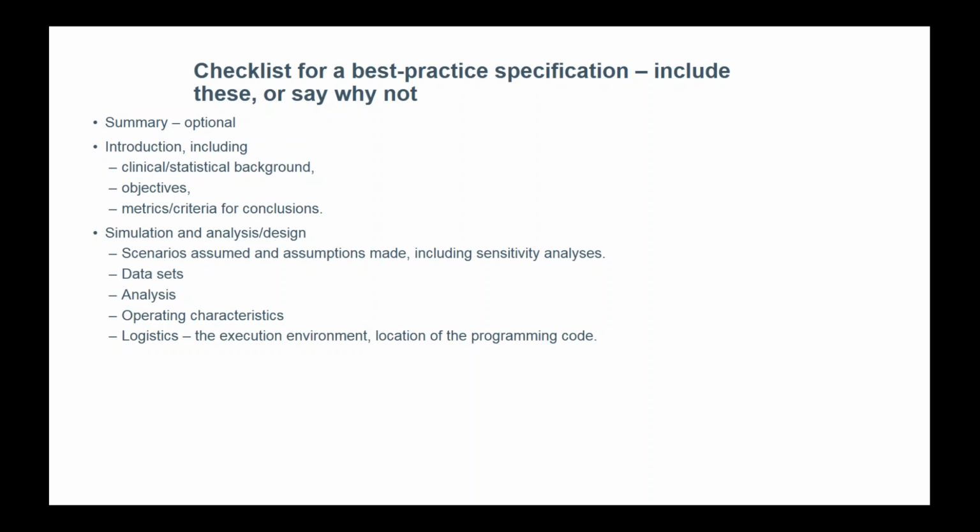And what might be controversial for some is we recommend that some criteria for conclusions should be stated, or if they're not stated, then a justification should be given for their omission. That leans towards that hypothesis testing aspect of modeling and simulation. It may not suit everyone's taste, but we felt it was worth considering in every project.